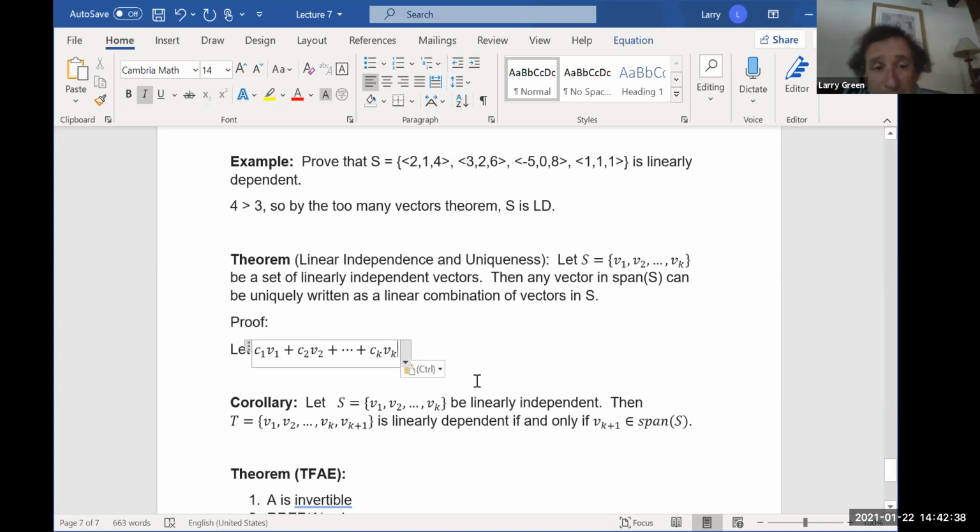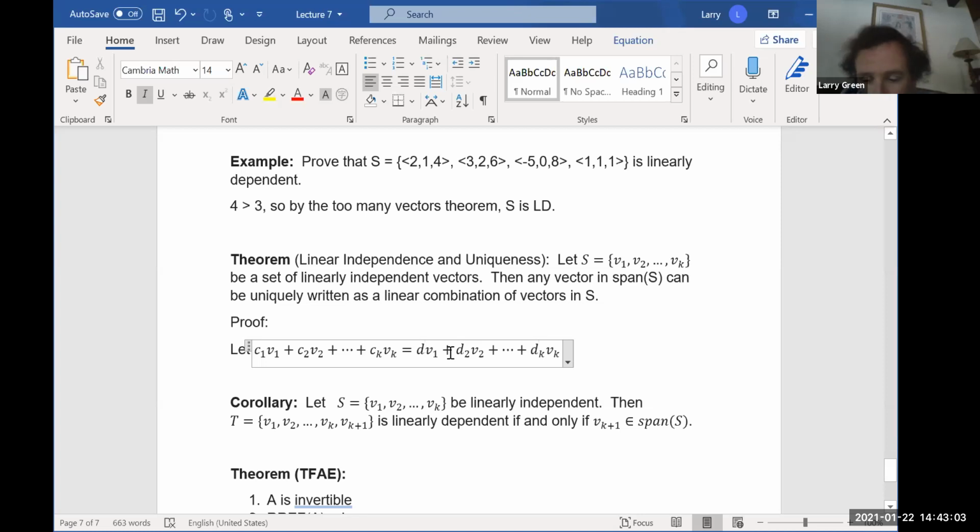So let's suppose that we have C1 V1 plus ... plus CK VK, add them up, is equal to, in this class, I can use D without a problem, D1 V1 plus D2 V2 plus DK VK. And we want to show that the C's and the D's are all the same. So C1 equals D1, C2 equals D2, etc.